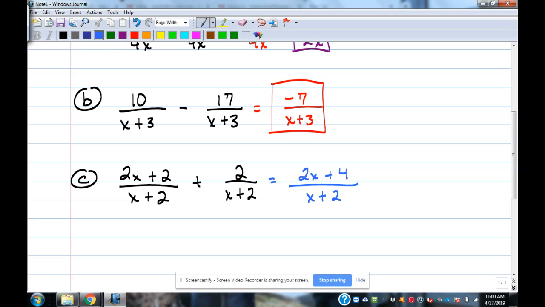Well, is that it? You can factor the top. Does that necessarily always mean that it's going to simplify? No, it's got to factor a certain way to simplify. So if I factor the top part, 2 is the common factor. That'll leave us an x plus 2 in there, and x plus 2 over x plus 2. What happens to those? They cancel out, and our final answer is just 2.